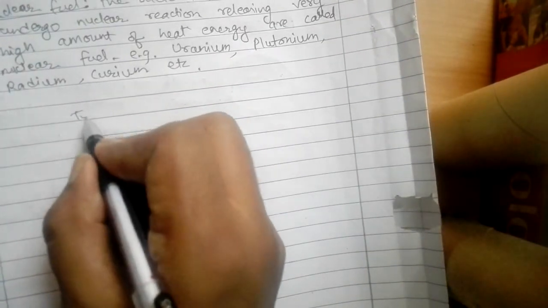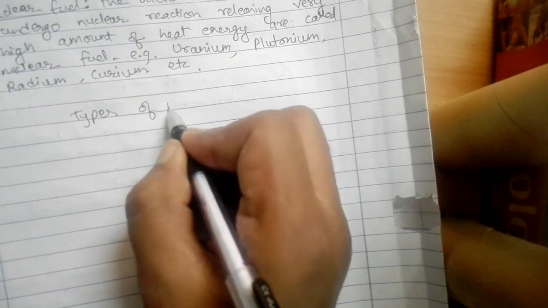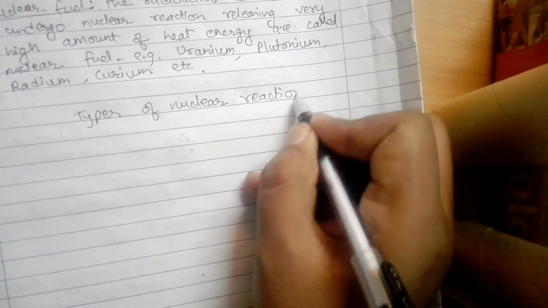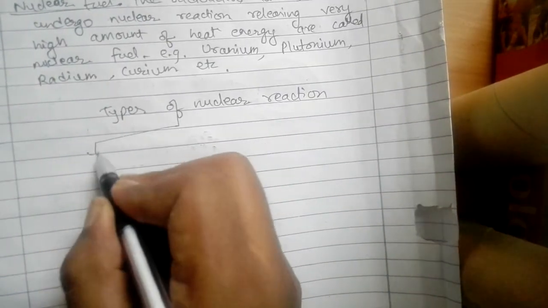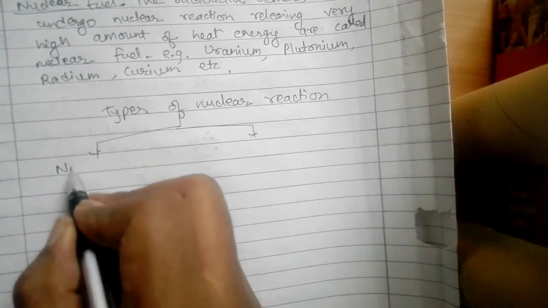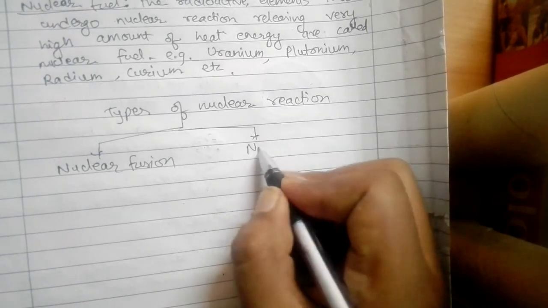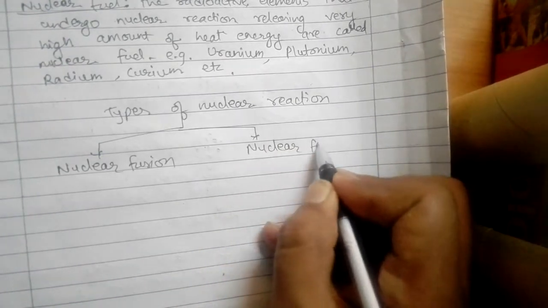Okay, now let's go to types of nuclear reaction. You already know there are two types of nuclear reaction. They are nuclear fusion and nuclear fission.